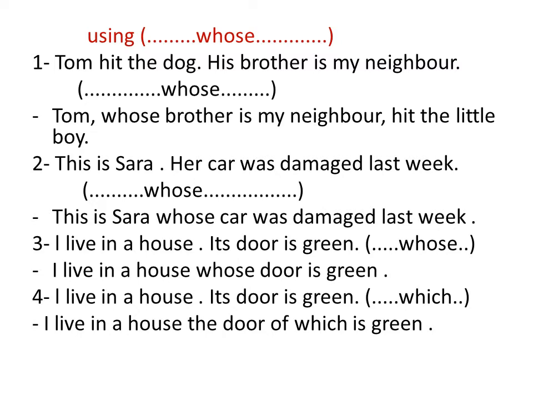The answer will be, I live in a house, the door of which is green. Here the door of which is used instead of whose door. So we use which instead of whose, but it gives us the same meaning. So please take care of this example.